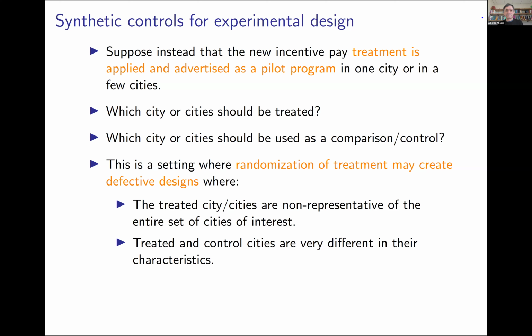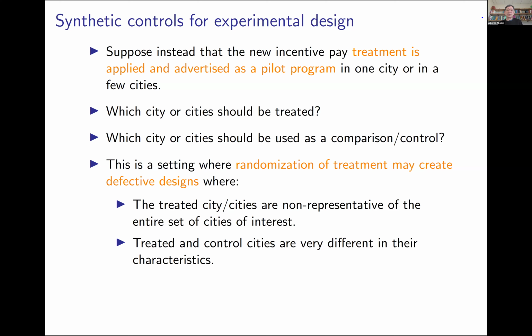And when they decide that they are going to go this way, the first thing that comes to mind is which cities should be treated, which cities are they going to assign to the treatment group, and which cities they are going to use to reproduce how the treated cities would have done in the absence of the treatment.